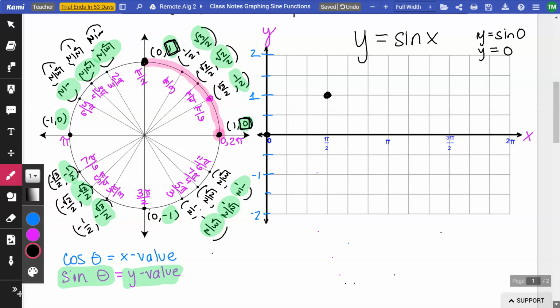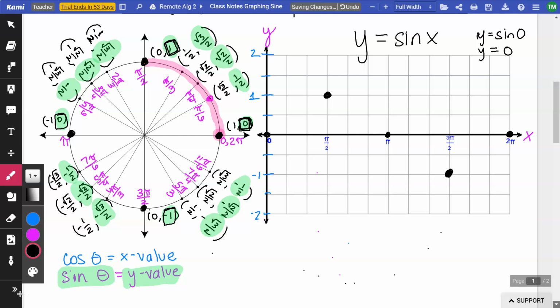At pi radians, over here, our y value is 0. We're at a height of 0. At 3 pi over 2 radians, our y value is -1. So the sine of 3 pi over 2 is -1. And at 2 pi radians, we're back here. Our y value is 0, so we're back at 0.